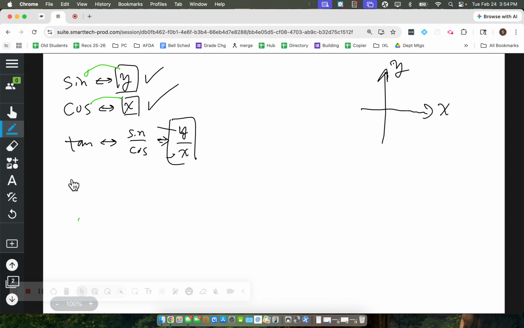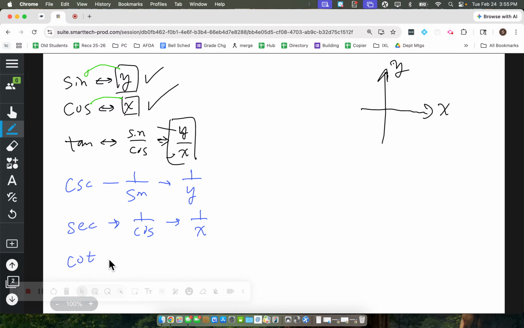So cosecant is 1 over sine, which makes it like 1 over y. Secant is like 1 over cosine, which makes it like 1 over x.